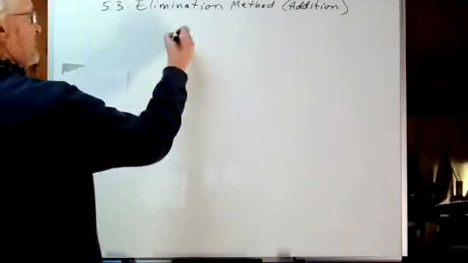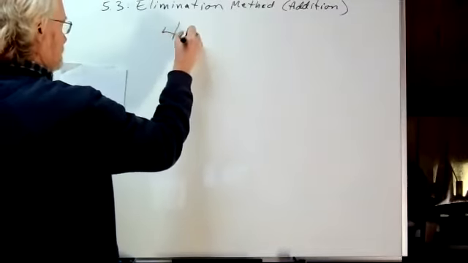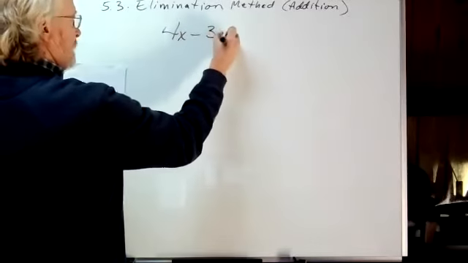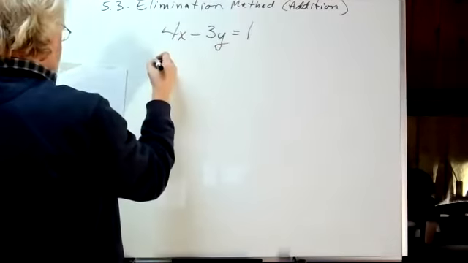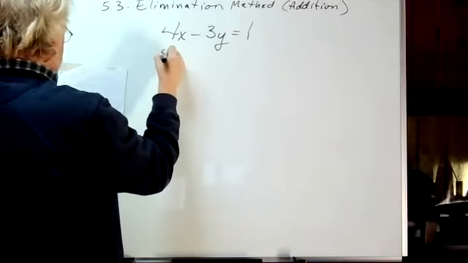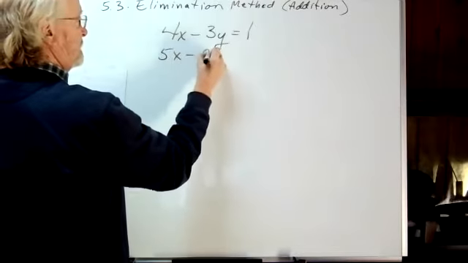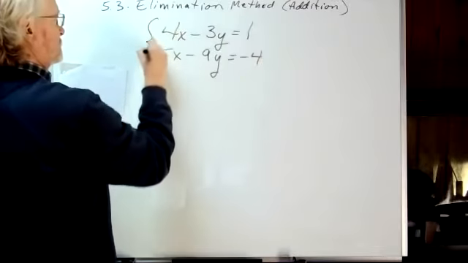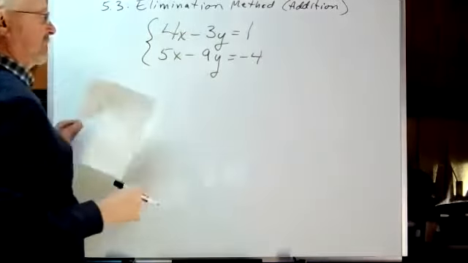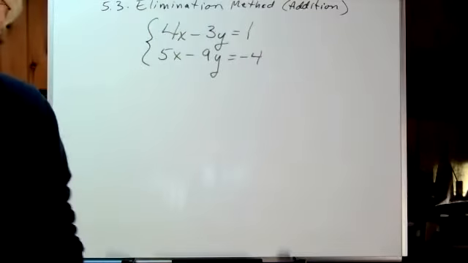So let's say this one. Here we go. 4x minus 3y equals 1. And let's do 5x minus 9y is a negative 4. Funny looking, but oh well.